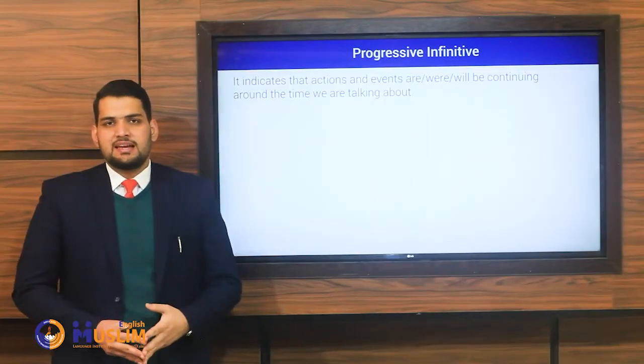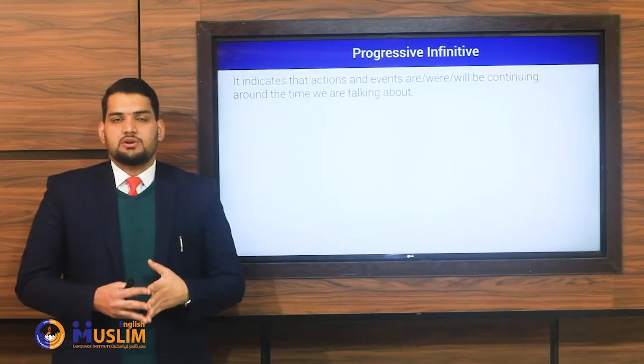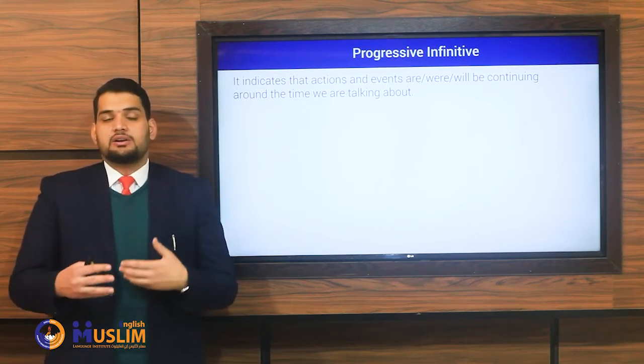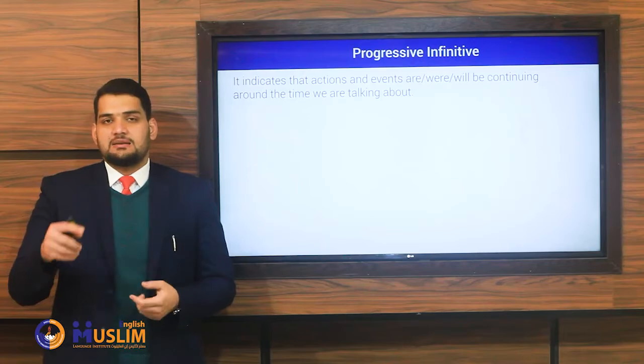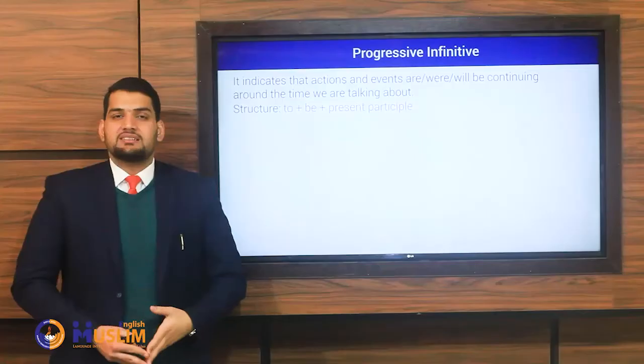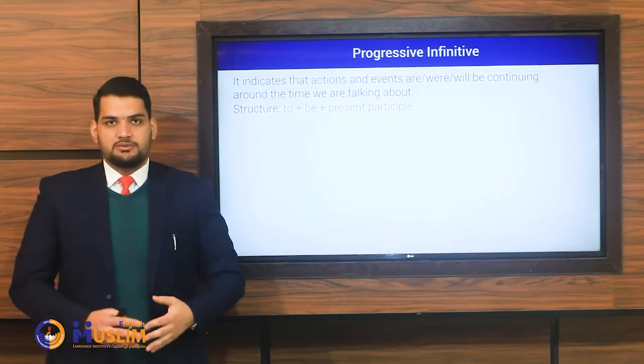In simple words, a progressive infinitive shows an action or event that is happening or continuing or is in progress around the time we are talking. Now let's talk about the structure. The structure is to plus be, not have, plus present participle. So present participle is the ing form of the verb.